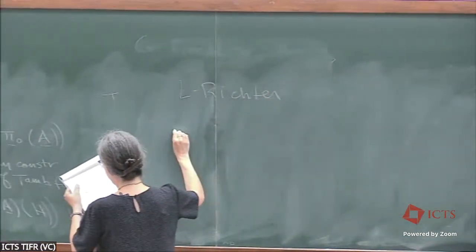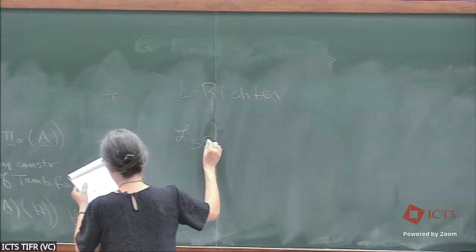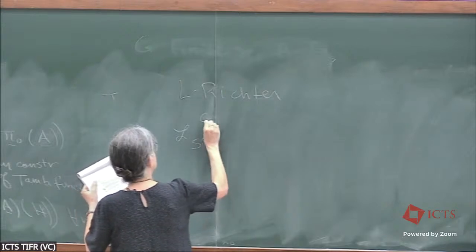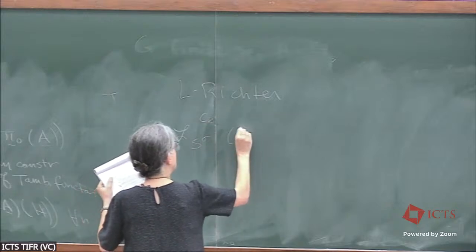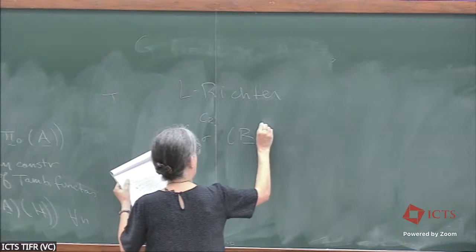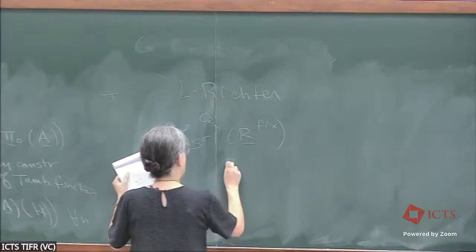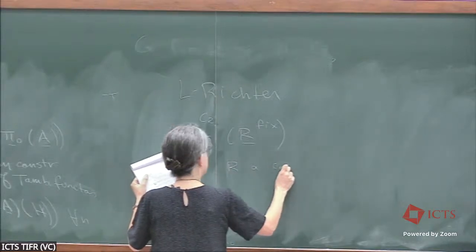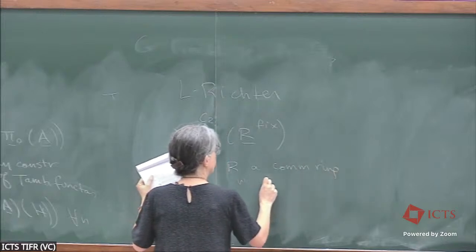We looked at S sigma C2. So S sigma is the guy from THR. And we applied it for our fixed R, where R is a commutative ring with involution.